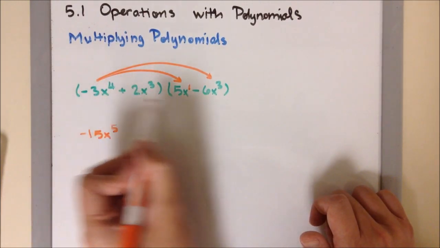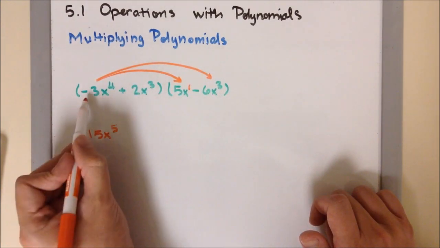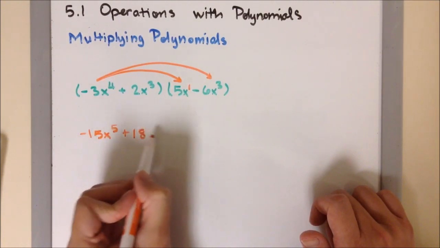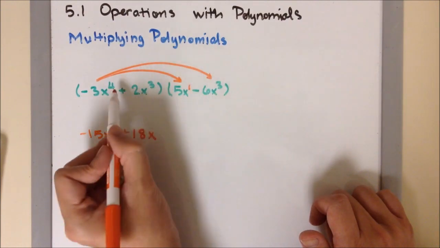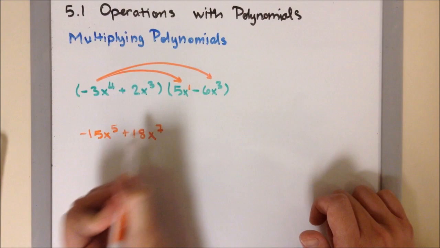Negative 3x to the fourth times negative 6x to the third. So negative 3 times negative 6 would be positive 18, and then x to the fourth times x to the third, same base, so I'm going to add the exponent, so it's going to be x to the seventh.